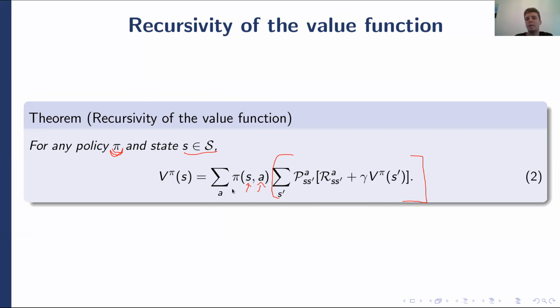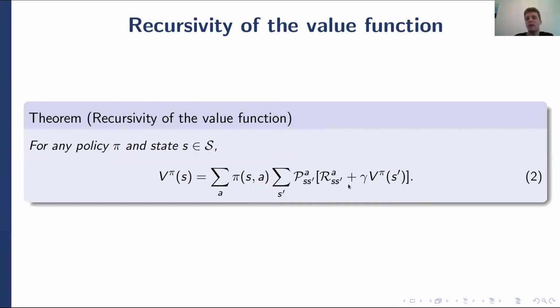This is basically saying that the value of a state under the policy pi is a sum of the probability of taking each of the possible actions under that state. So this is basically an expression for the return that you should expect to see after you take that action in a specific state.